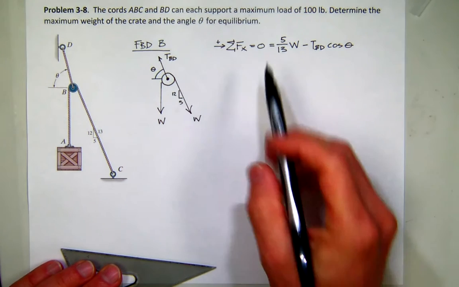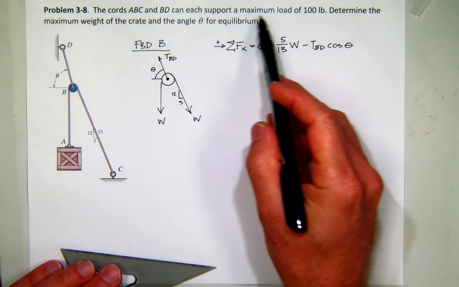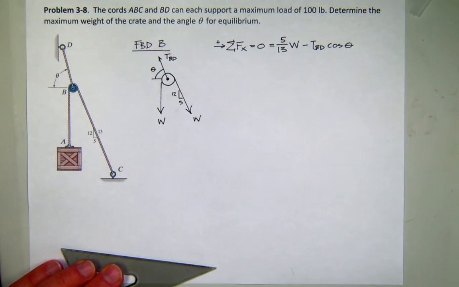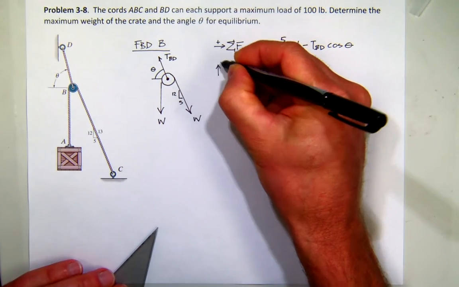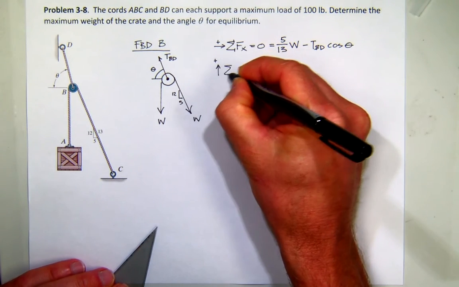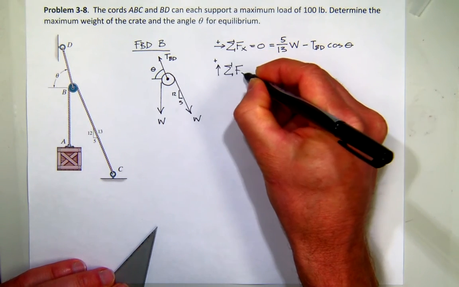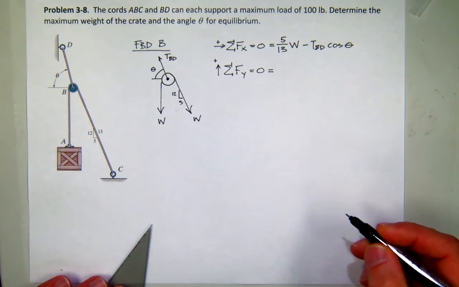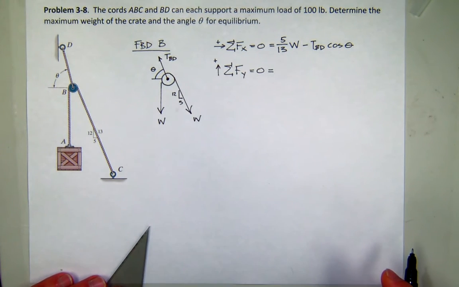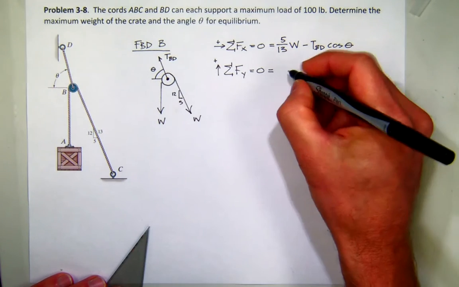Now, what's the maximum load in the cable? Well, we'll come back to that. Let's just go ahead and write it. So let's sum forces in the y direction. What do we have? We've got W acting down.